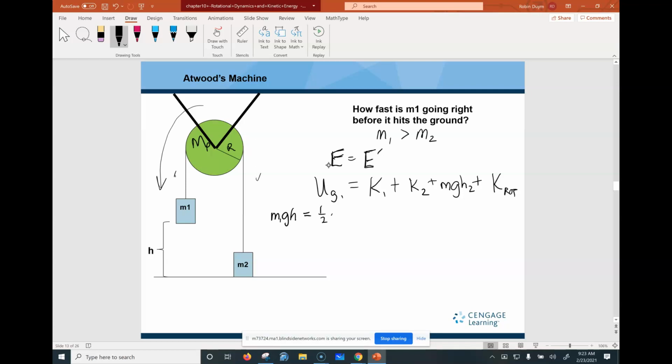We get 1/2 M1 V squared. Those guys are going to be moving at the same speed, just in opposite directions, so we don't have to worry about those subscripts. Plus 1/2 M2 V squared, plus M2GH, plus 1/2 I omega squared.